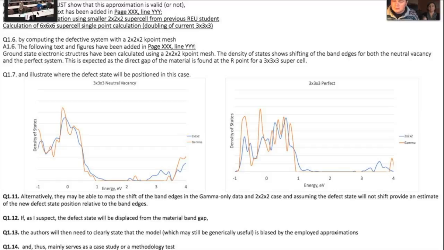Would it be right or wrong? Should be right. I would say that should be correct, because regardless of vacancy or not, you're going to see this migration of the band edges coming in. The vacancy state itself doesn't change a whole lot, but you see a similar modification to the band edges in both of the systems. Thank you.